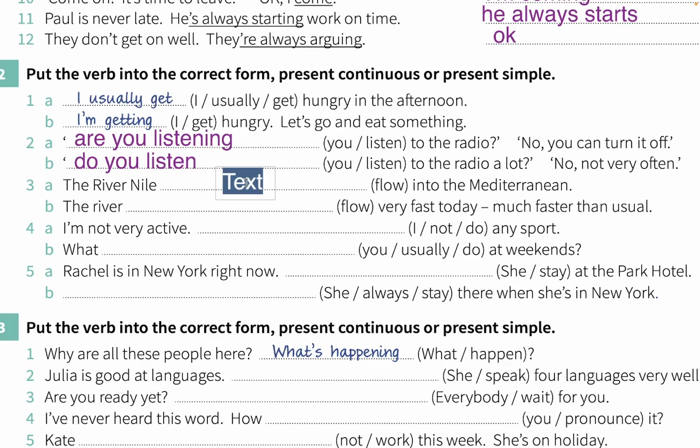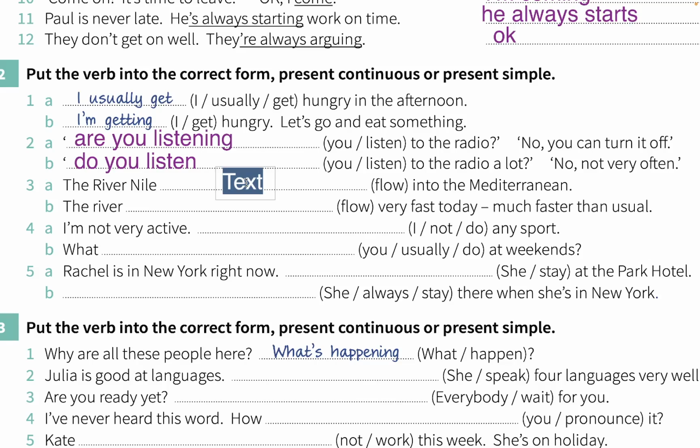Alright, number 3A. Maybe Rizka, wanna try and answer? The river Nile flows in the Mediterranean.